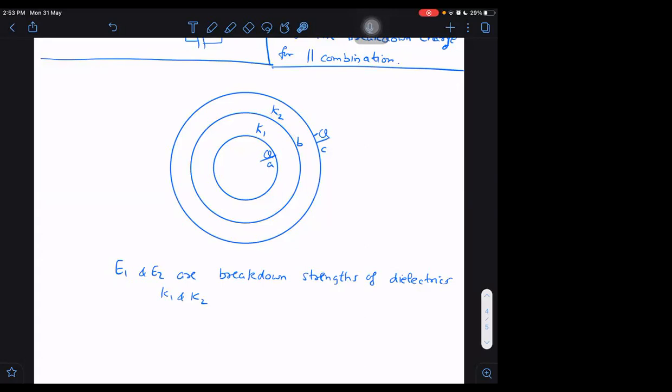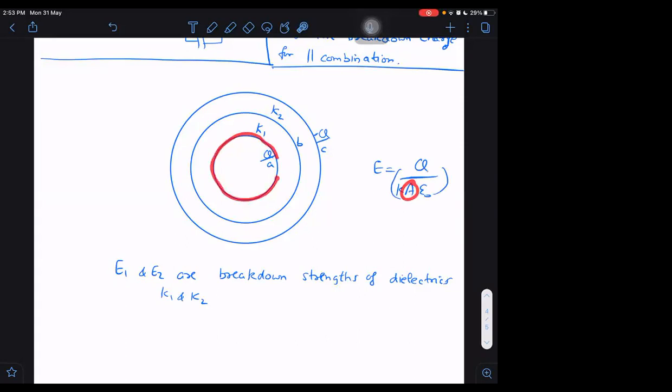Where will the field be stronger? The field will be stronger at the inner area, because when area is less, the field is more, as the formula is Q divided by A epsilon naught into K. That is the formula for field. And I know area is least in this place.